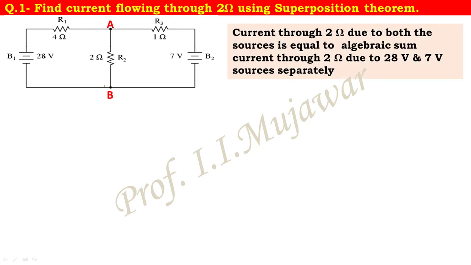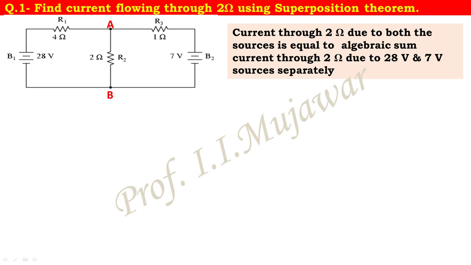The theorem is: current flowing through 2 ohm due to both the sources, 28 volt and 7 volt, at one time is equal to the algebraic sum of the current through 2 ohm due to 28 volt and 7 volt sources acting separately.